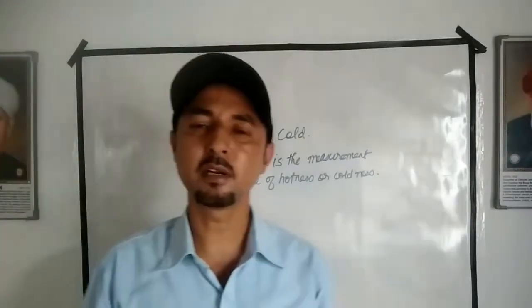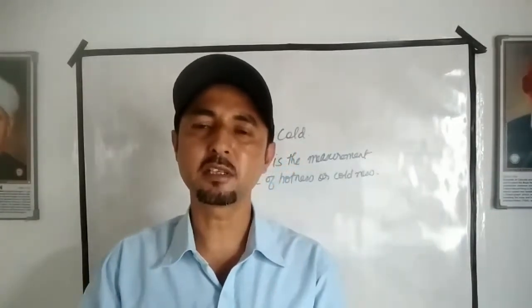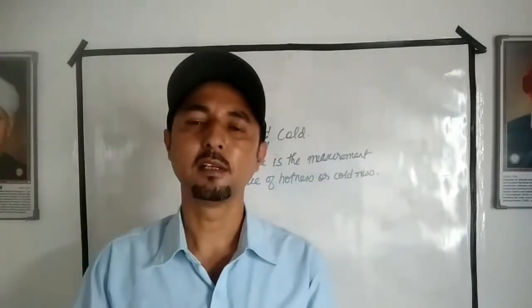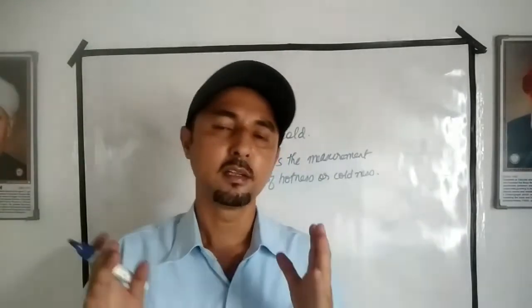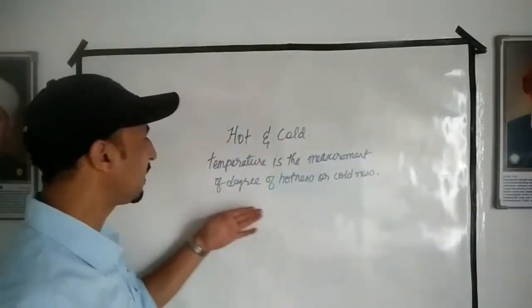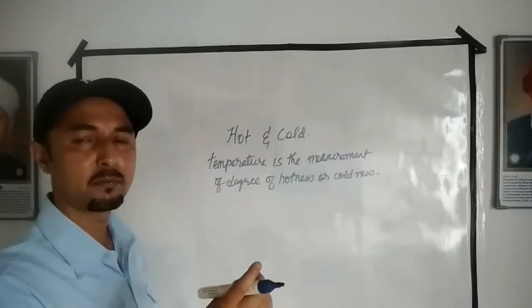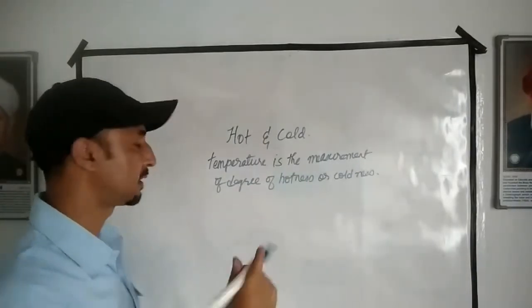Just as we measure solid objects in kgs, in grams, and liquids in milliliters, centiliters, so also the degree of hotness or coldness is measured with the help of thermometers using some units.